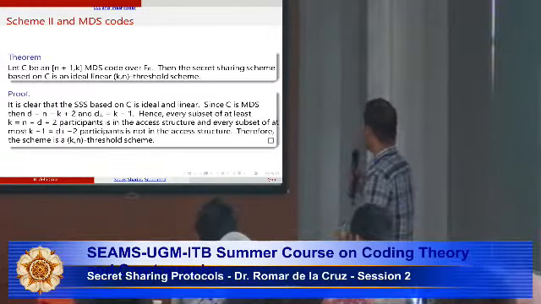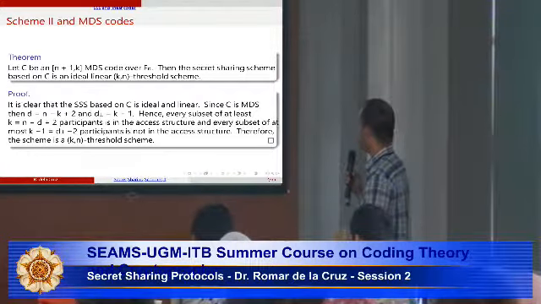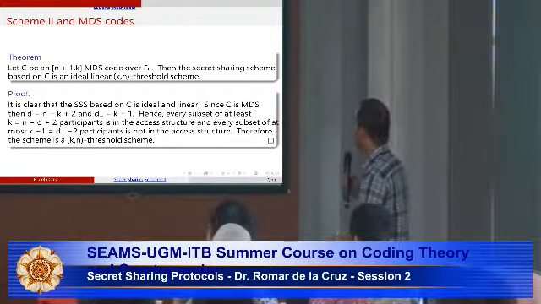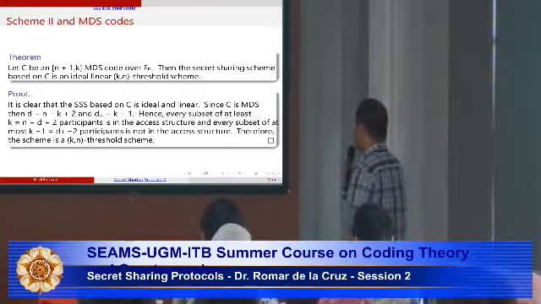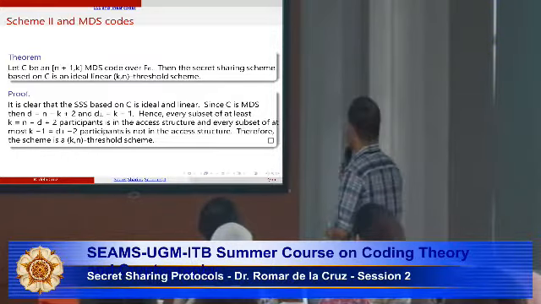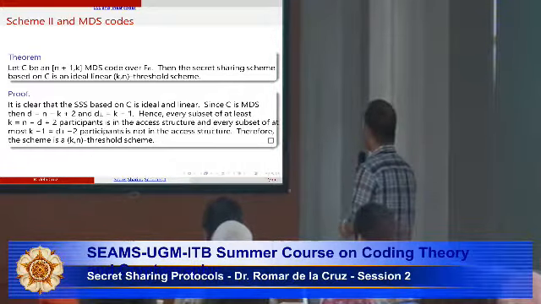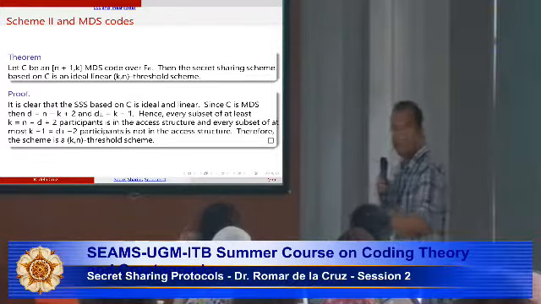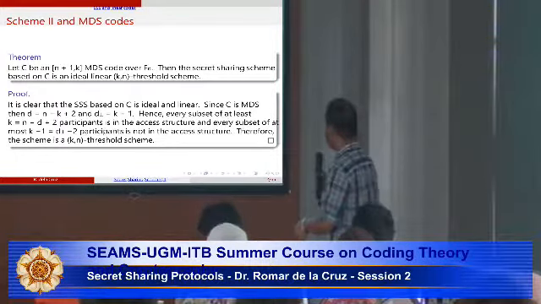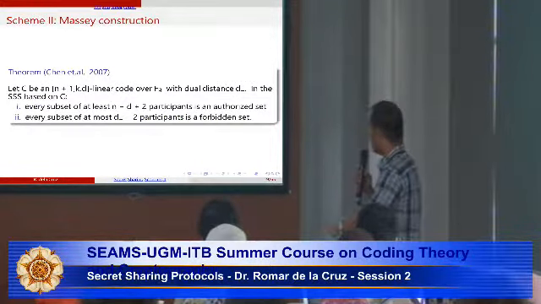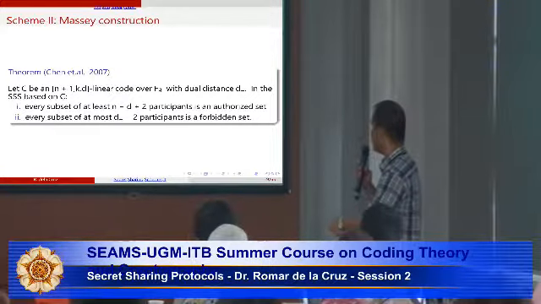Now, since C is an MDS code, we have the following distance and dual distance. The distance is n minus k plus 2. The dual distance is k plus 1. And then we apply one of the theorems before. That theorem is this one. Every subset of at least n minus d plus 2 participants is authorized, and every subset of at most d perp minus 2 is forbidden.